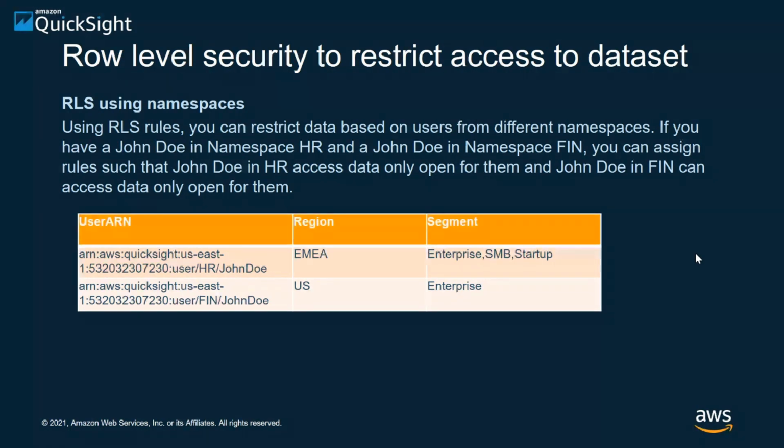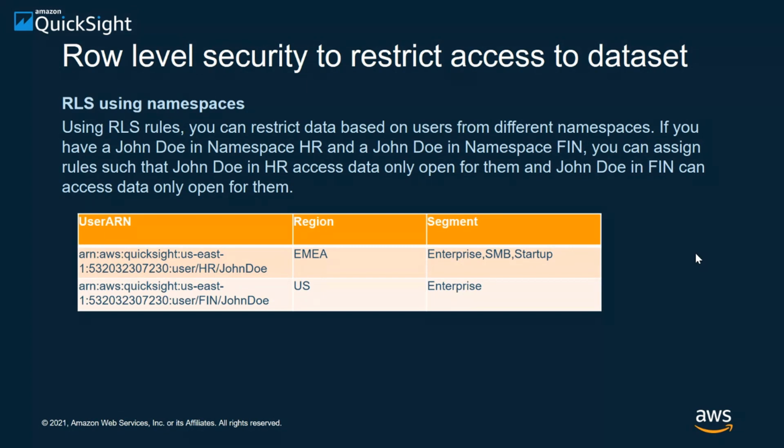These are two different users. It's just that their names happen to be the same. So you want to make sure that when John Doe from HR is accessing the data, they are accessing data only which is open and accessible to them. And when user John Doe from the finance namespace is accessing, they can access data which is only open for them. Each of them should not be able to see each other's data.